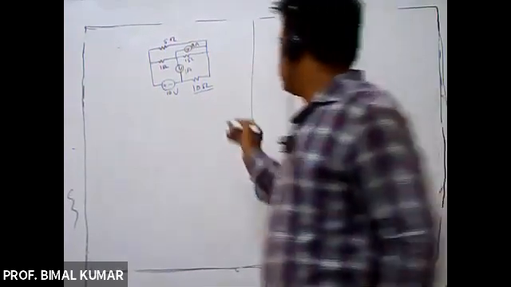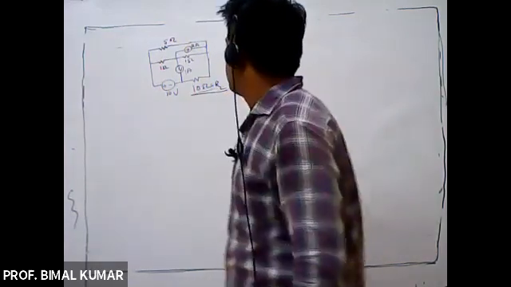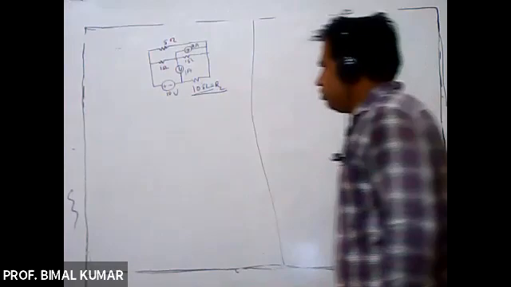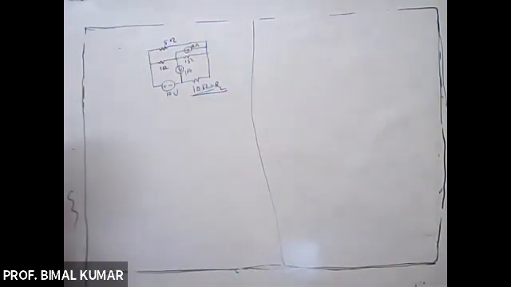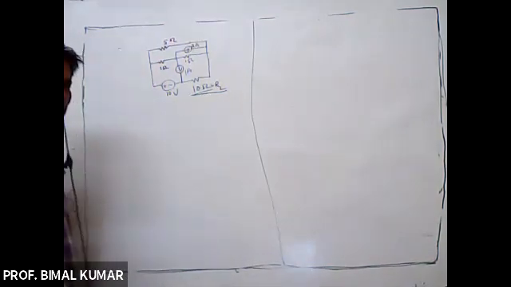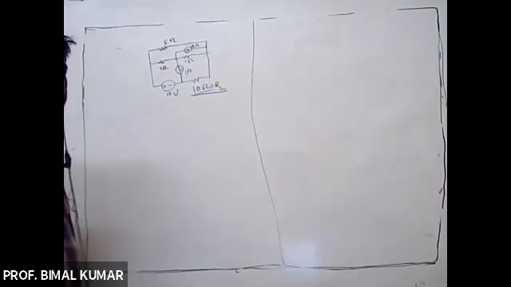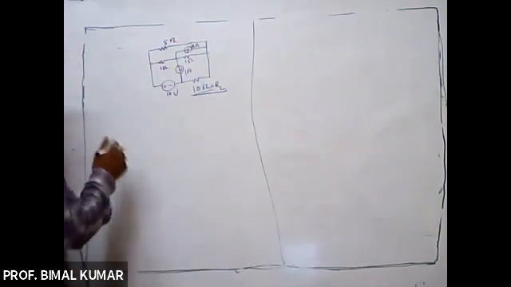This 10 ohm resistor is your RL. As per the superposition theorem, we will have to activate one energy source at a time and deactivate all the other energy sources, and this step will be repeated for all the energy sources.